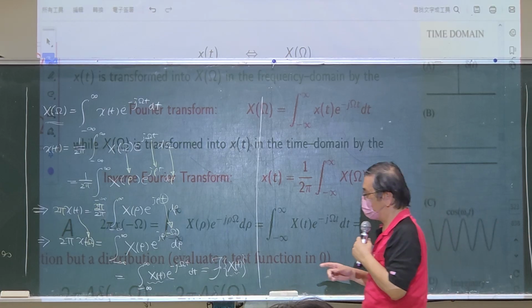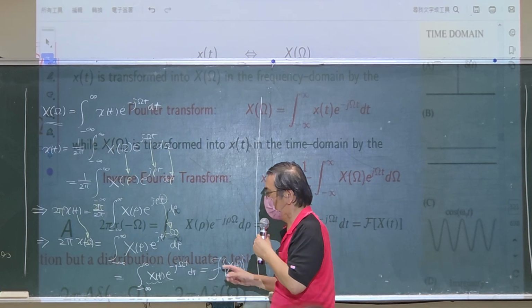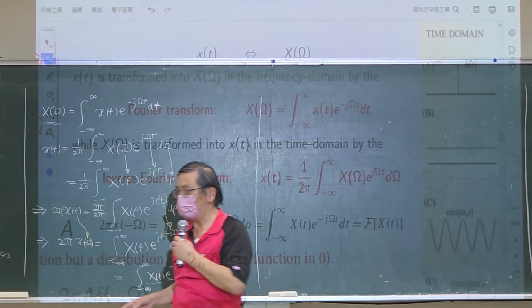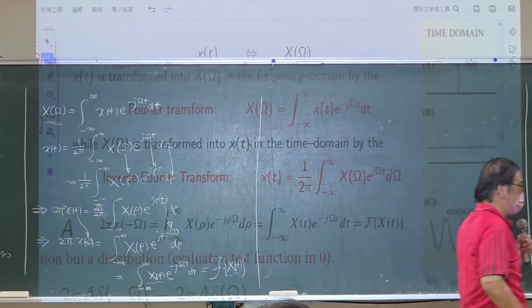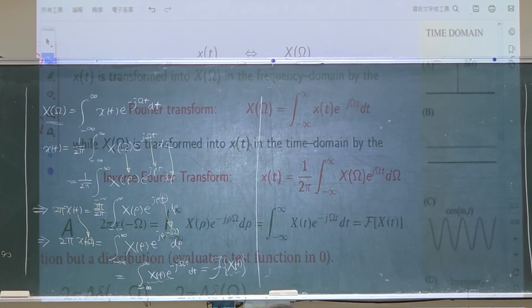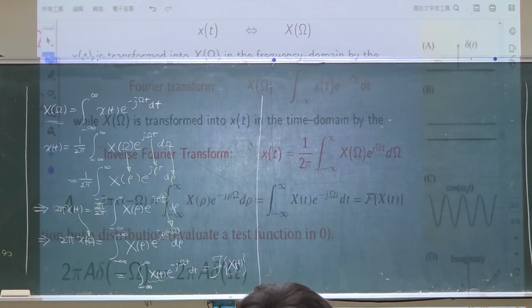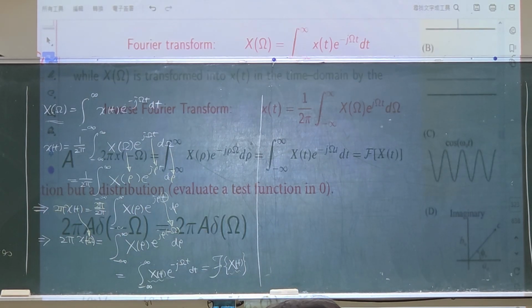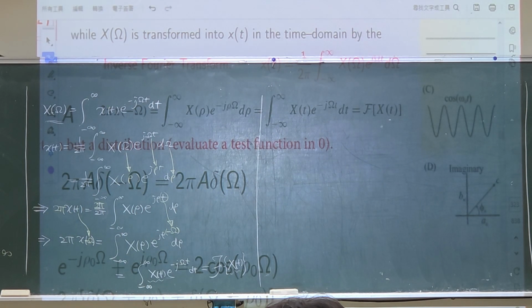So if you take the Fourier transform of the frequency response, that will bring you back to the time domain, will bring you the function x of t. Okay, all right.